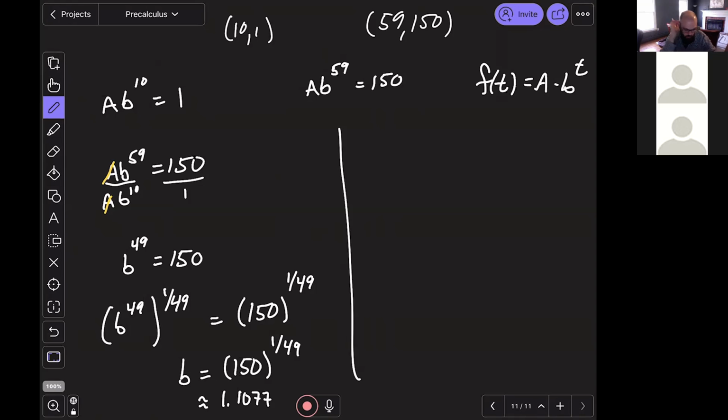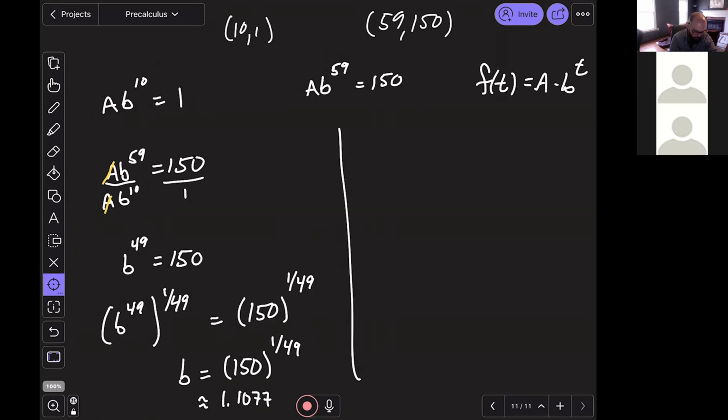So when I do this work, my preference is just to leave my answer like this, B as 150 to the 1 over 49. And so that's going to give me the most accuracy I can. So if I rounded it off to this, I'm going to get a slightly different model, and it's not going to be quite as accurate as I want it to be.